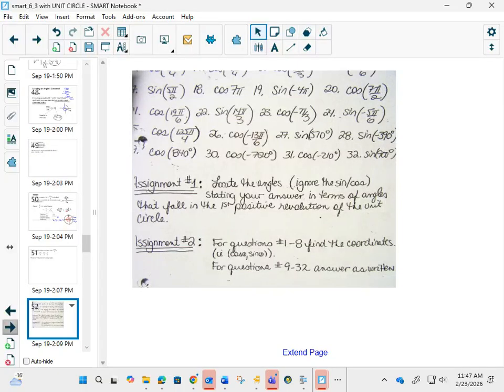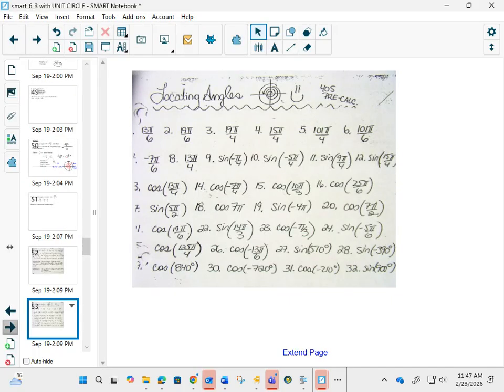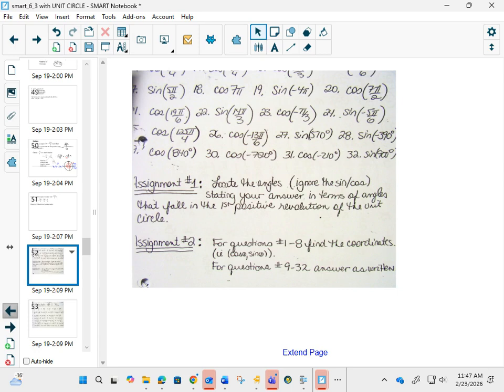There are two things to practice here. This is not to hand in, this is just to increase your mental math skills in radians. Okay?